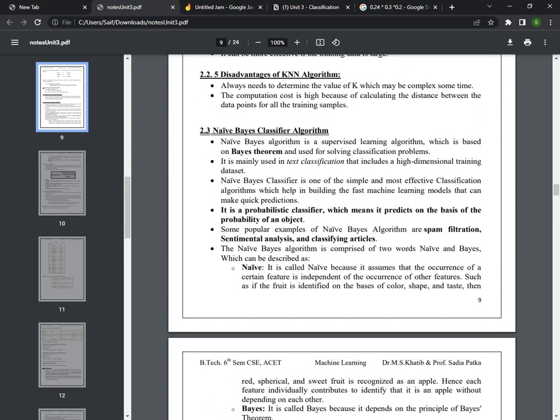Naive Bayes is a supervised learning algorithm which is based on the Bayes theorem and solves text classification problems with high dimensional training datasets. It is a probabilistic classifier, which means it predicts on the basis of the probability of an object.